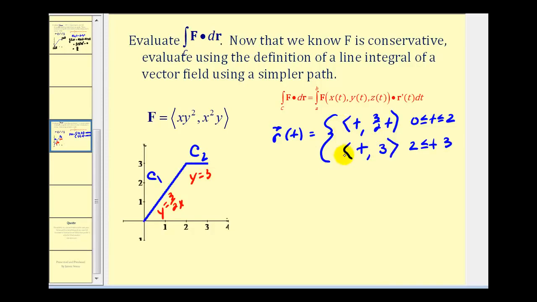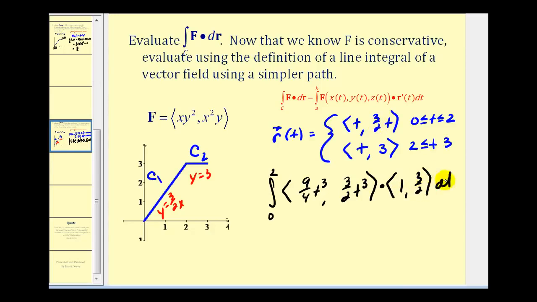So because we have two curves, we have to set up two integrals in terms of t. We're first going to have t from 0 to 2, where x y squared would be t times the quantity 3/2 t squared. That'll be 9/4 t cubed. And then x squared y would be t squared times 3/2 t, or 3/2 t cubed. Dotted with r prime of t, that would be (1, 3/2).